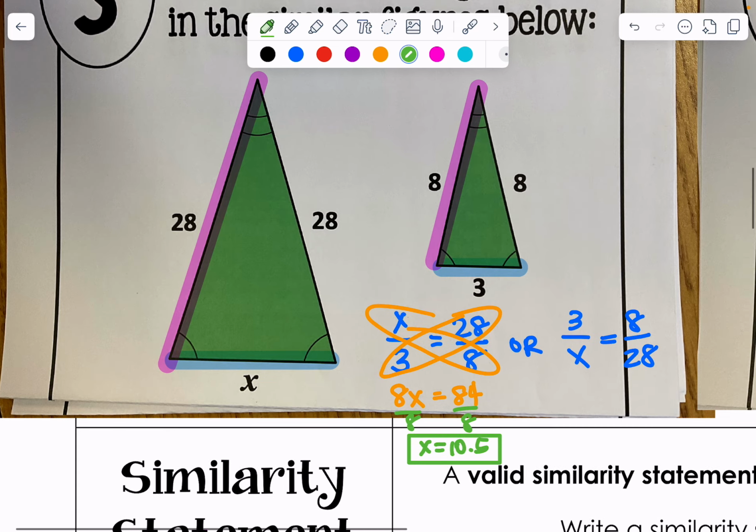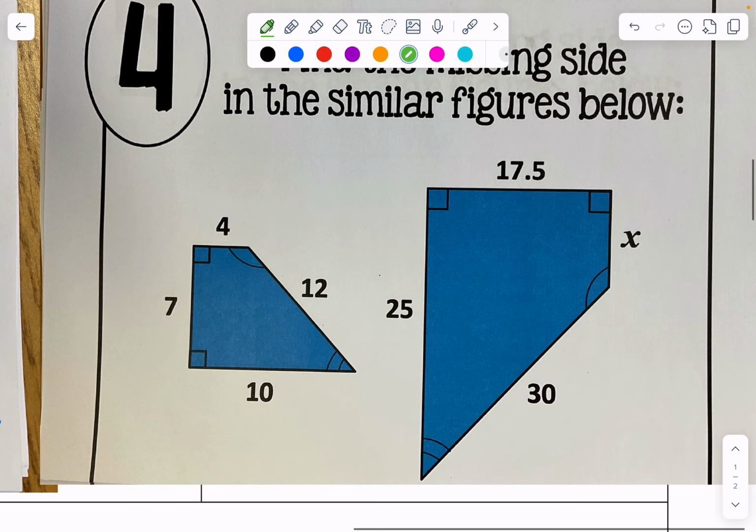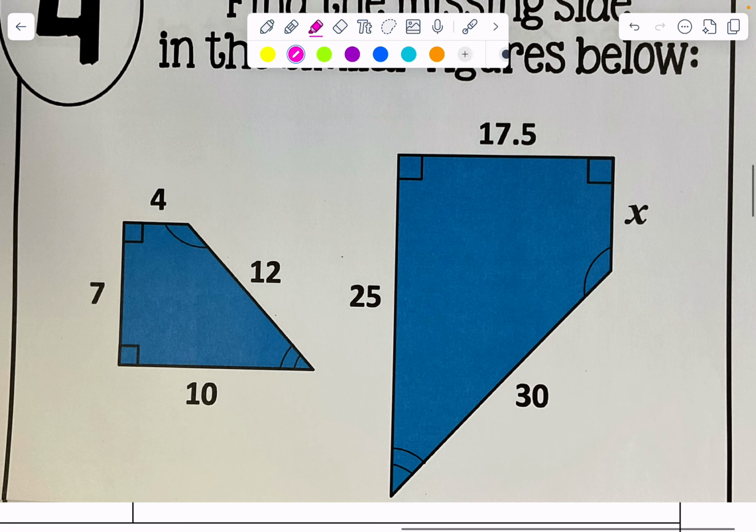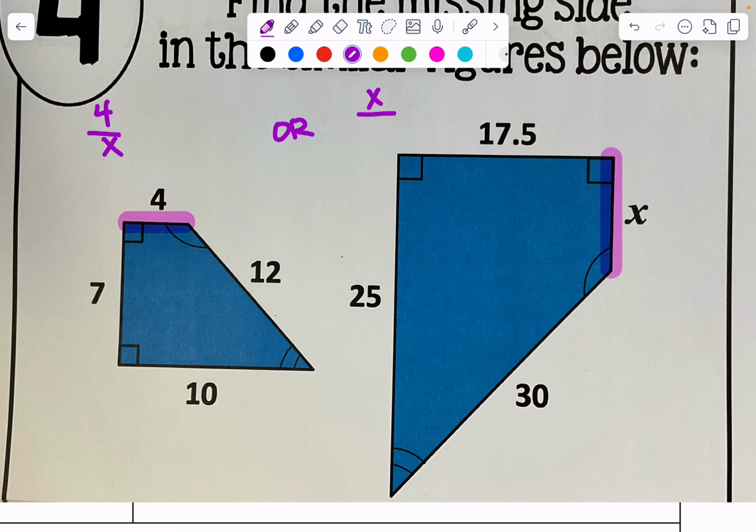Okay, and then the last problem was a little sneaky because A, we have 4 sides, and B, one of them is rotated a little bit. So let's just talk about first that this mystery side corresponds with this side right here. So either you're going to set up a proportion with 4 over X or a proportion with X over 4, okay?